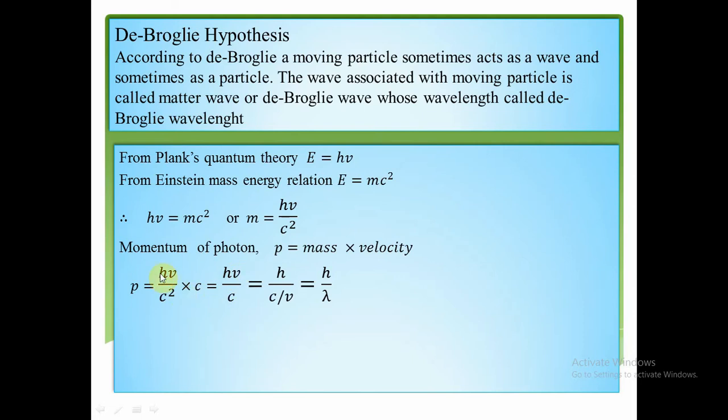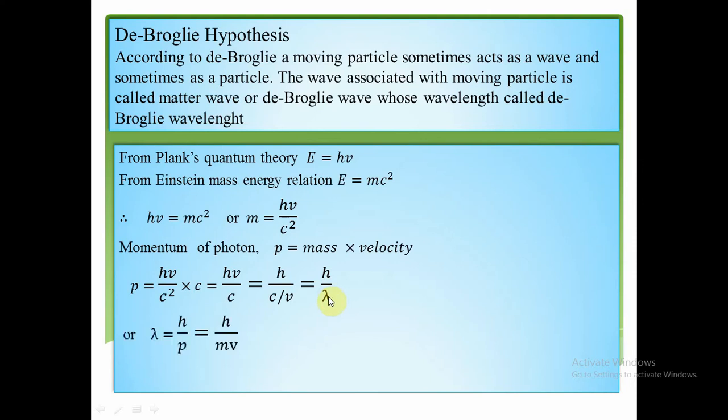If we simplify this, we get h nu divided by c. If we take nu to the denominator, the equation becomes h divided by c divided by nu. But the velocity of light divided by the frequency nu gives lambda, so we get h divided by lambda.